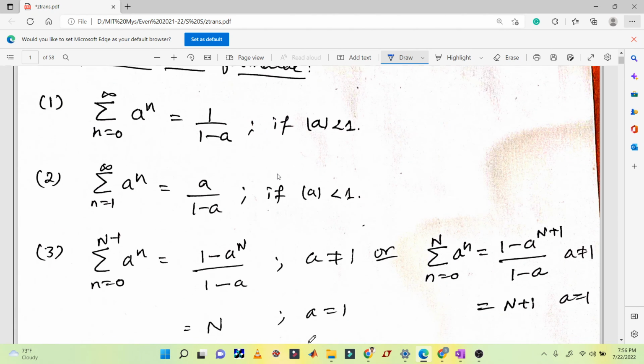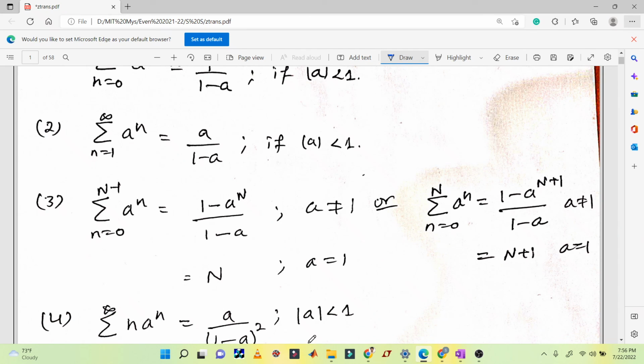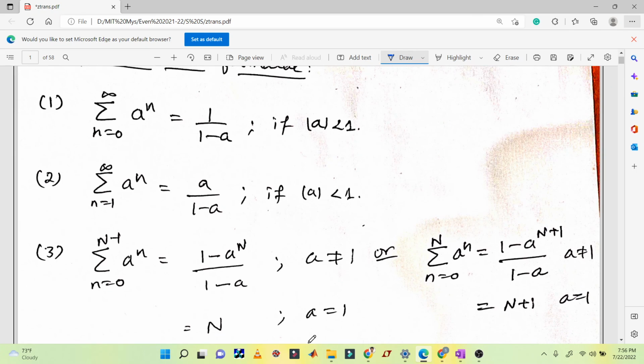You can see here, summation n equal to 0 to N minus 1 a to the power n is 1 minus a to the power capital N divided by 1 minus a, provided a not equal to 1.